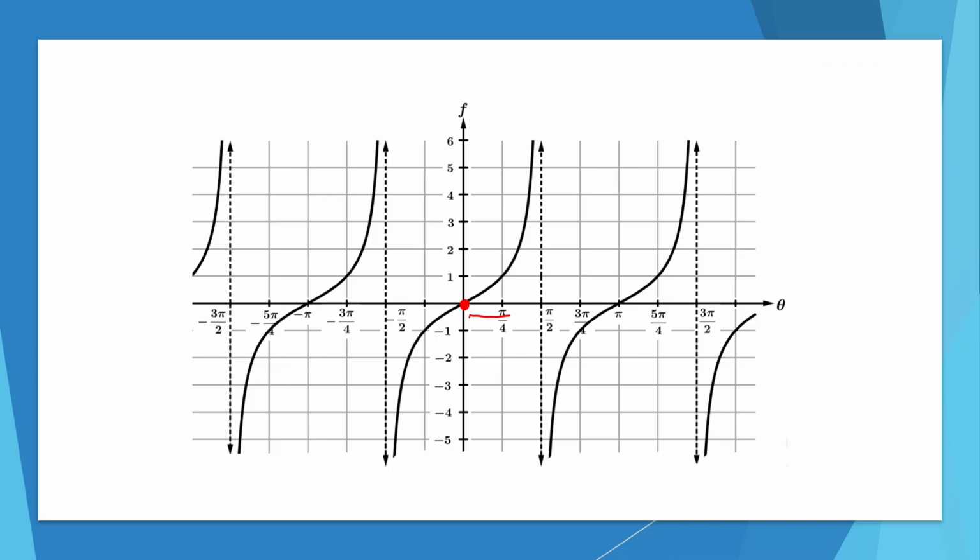As you go from 0 to pi over 2, like we saw, at pi over 4, it's exactly 1, and then you just keep getting steeper and steeper. And then at pi over 2, we have a vertical asymptote, because it's undefined. Then you start at negative infinity, and as you approach pi, you're going to get closer and closer to 0.